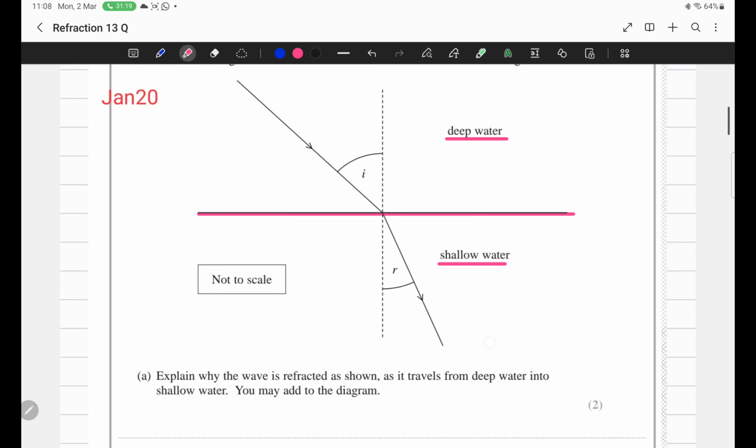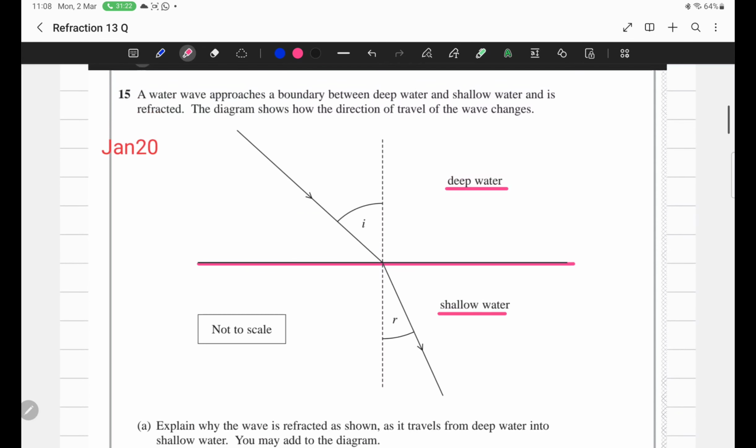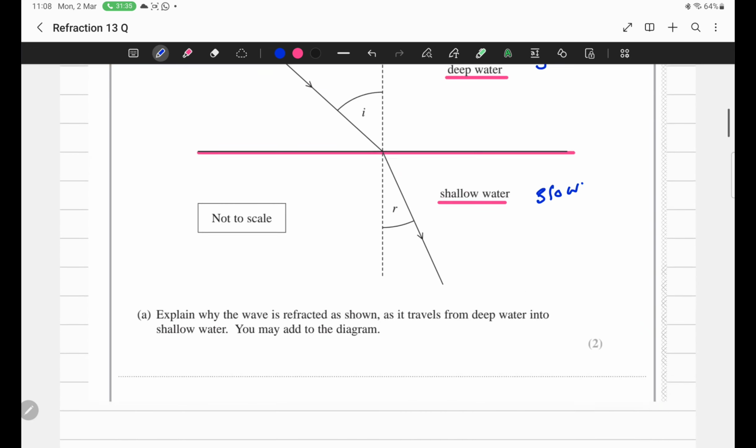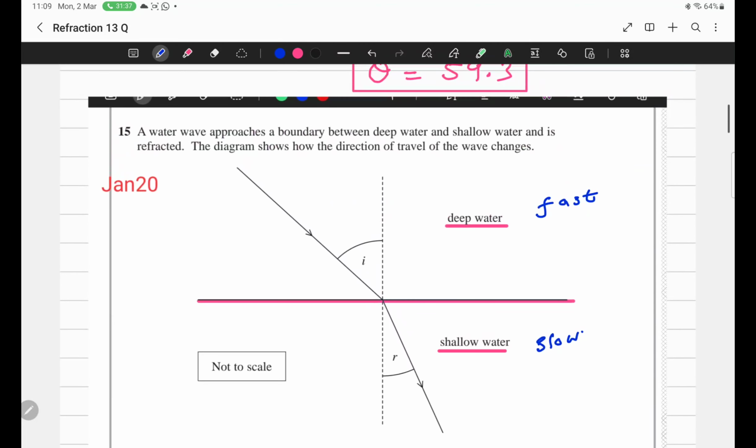So how do we use this formula? You know in deep water the speed is fast and in shallow water the speed is slow. So what should the formula be? We can assume the light is coming from air into glass.